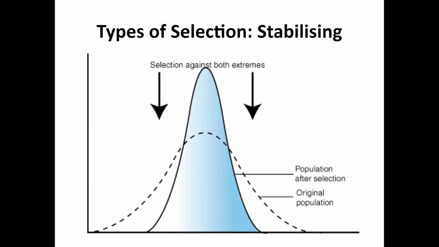Therefore, we're going to have more of these middle ones here. Okay, so for example, we have an organism that was a particular color, this one and this one. Okay, they stood out more than this type. Then we're going to have an increase in this type, maybe because it's camouflaged more.